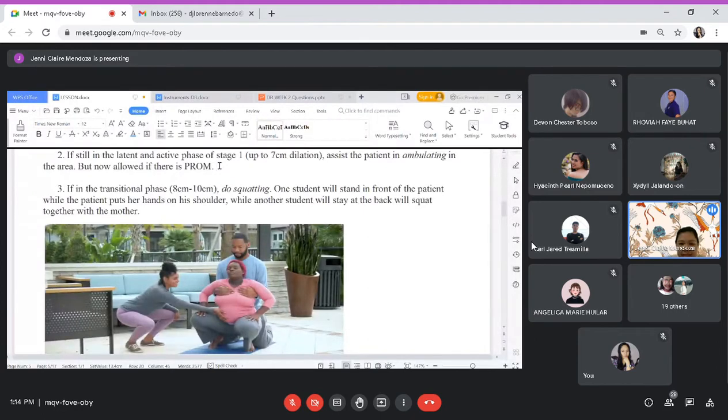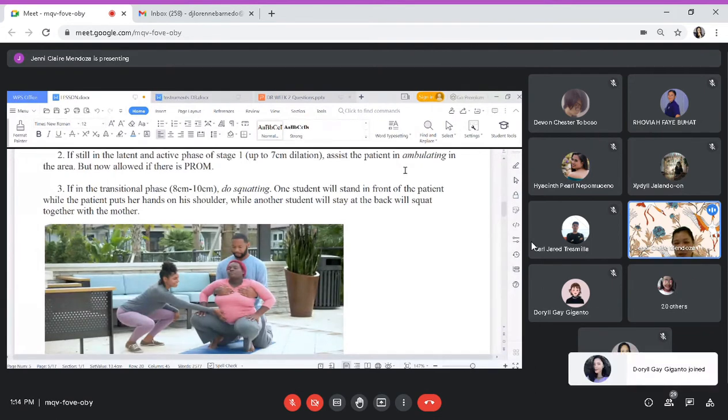So they're very strict when it comes to patient ambulation. Okay, they're not allowed to go inside the toilet because there were instances wherein the mother had the urge to push, and then the nurse and the midwife found the newborn in the toilet. Okay, so that's why they don't allow ambulation.